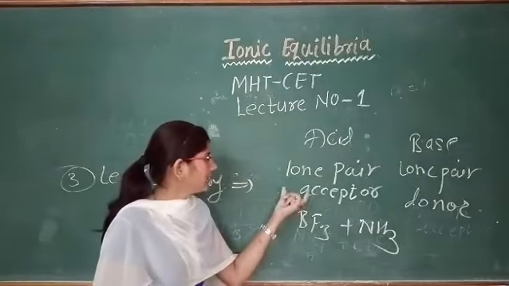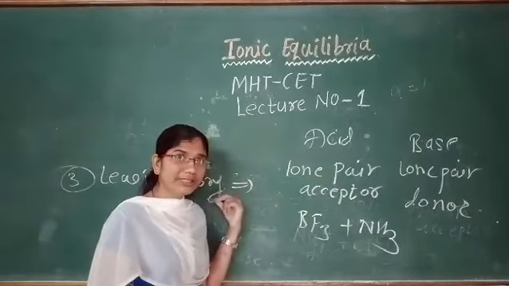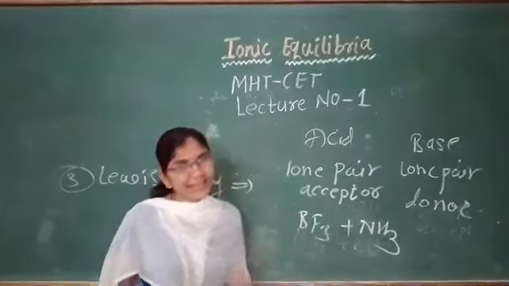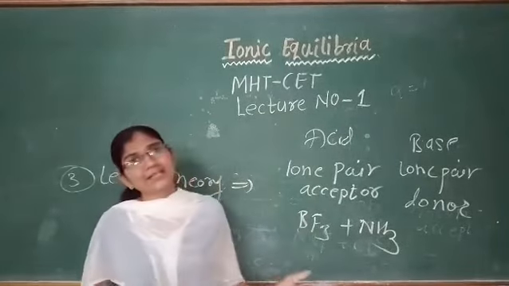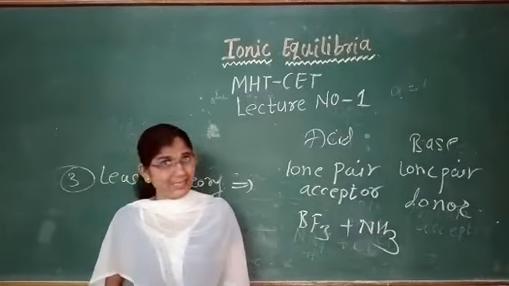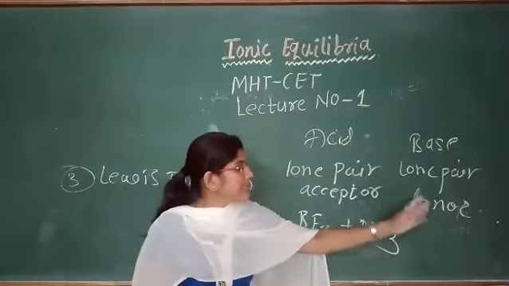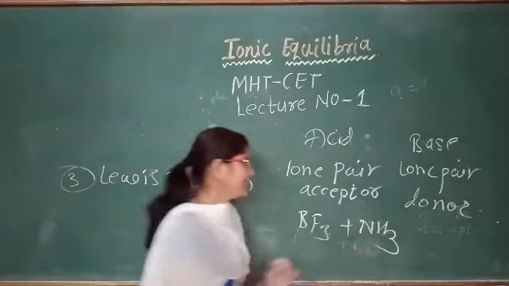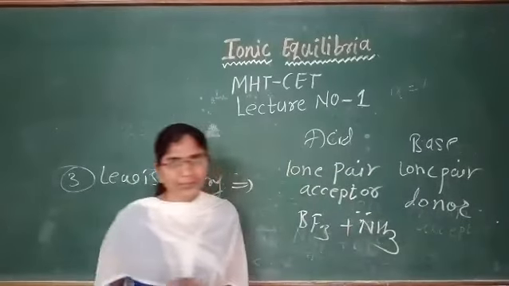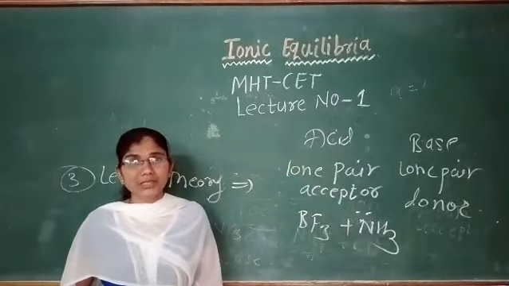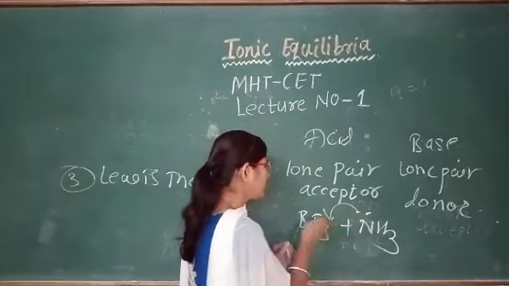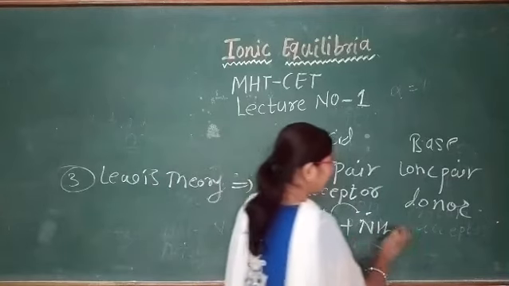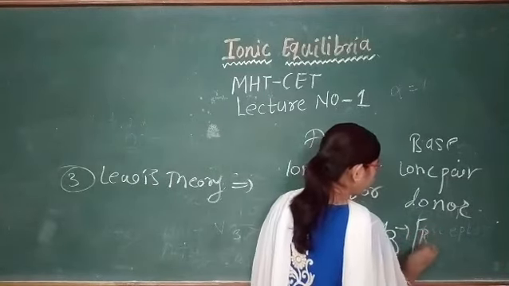BF3, AlCl3, and SiCl4 are some examples of acids. A base is a lone pair donor, that means ammonia. In ammonia, nitrogen contains one lone pair, and it donates the lone pair to BF3 and forms a bond.